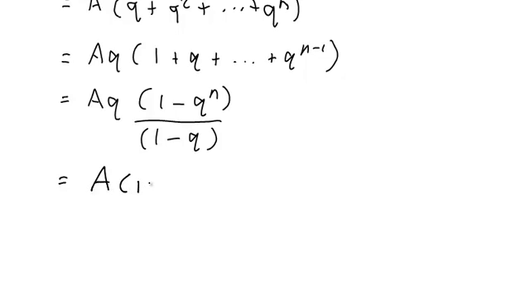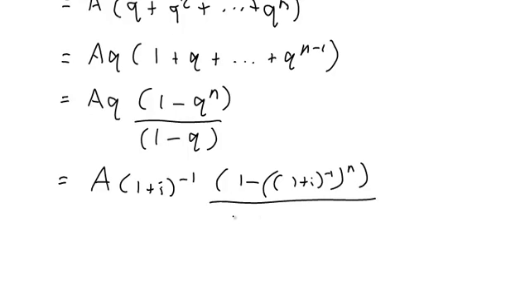q is actually 1 plus i to the minus 1. We have 1 minus 1 plus i to the minus 1 to the n, and we have 1 minus 1 plus i to the minus 1. Okay, well, I do have on the top a 1 plus i to the minus 1, and I have on the bottom a 1 plus i to the minus 1. If I multiply everything by 1 plus i, that will cancel out. 1 plus i to the minus 1 times 1 plus i is just 1, and so they'll cancel out.